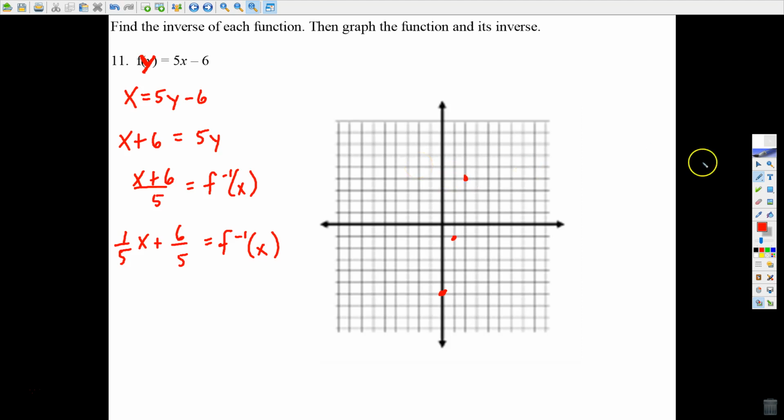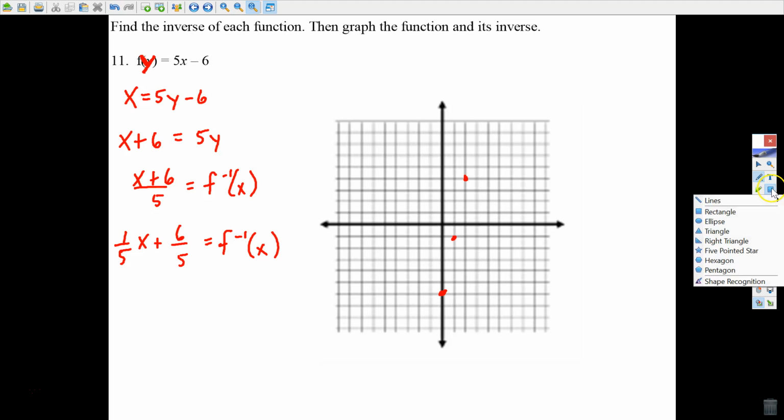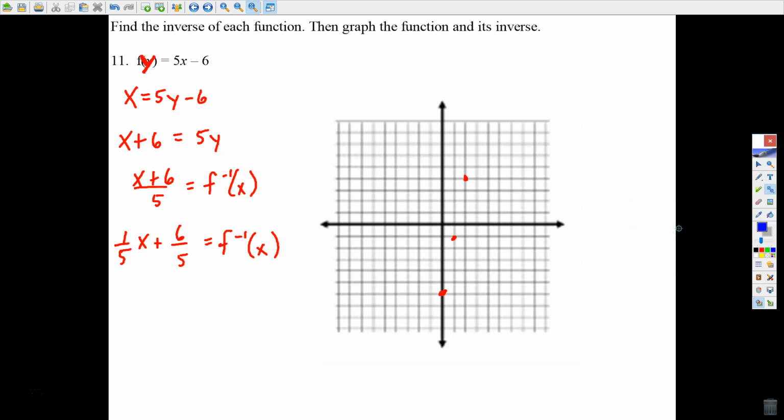And you would get your ruler, straight edge, and we'll draw a straight line through those points. Okay, so that's pretty close. There's my graph of the function, and now let's graph the inverse.